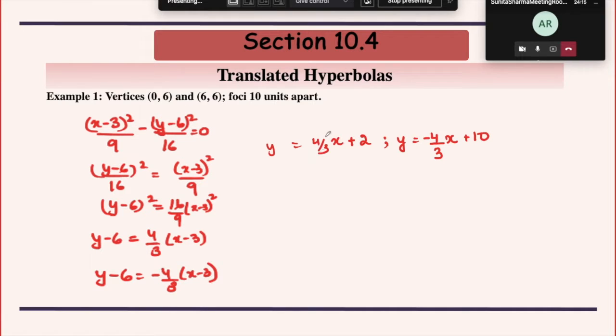So what is 4 by 3? It is in fact b by a. So the equation is y is equal to b by a into x minus h, which is 3, plus k. So k is 6 in this case. So this is one equation, and the other one is having the negative sign.